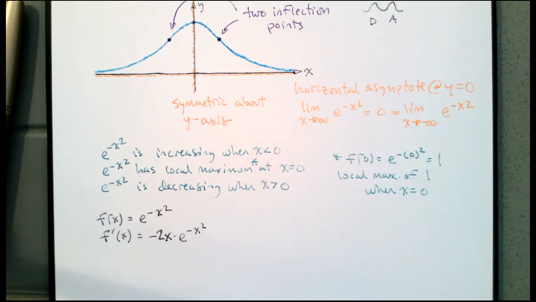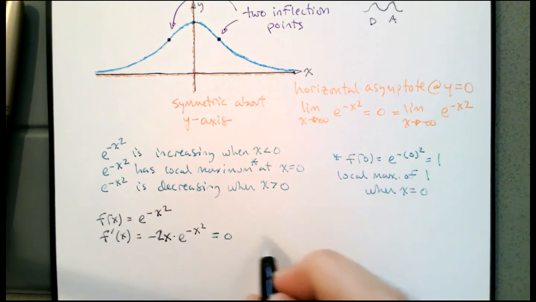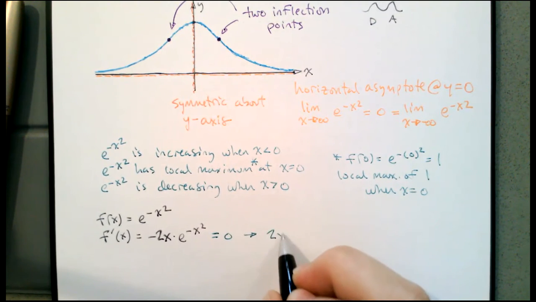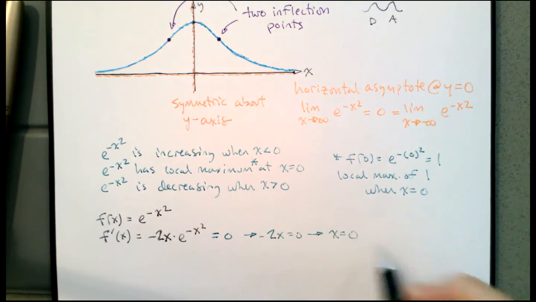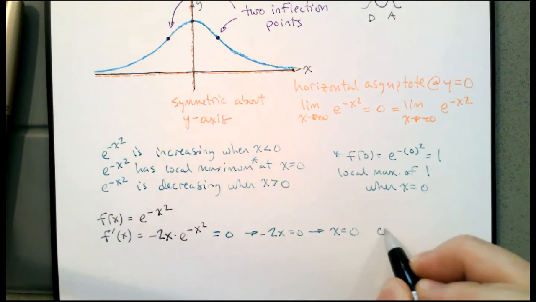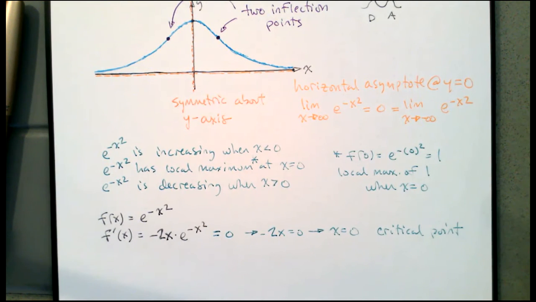If we want to talk about the critical points, we'll set this equal to 0 and solve. And this will only have one solution. Just like we suspected, we only get the critical point at 0.